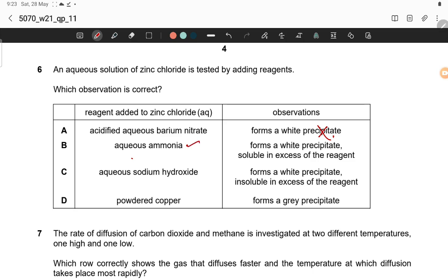Aqueous sodium hydroxide forms a white precipitate insoluble in excess. Powdered copper forms a grey precipitate. Not correct. So option B is correct.